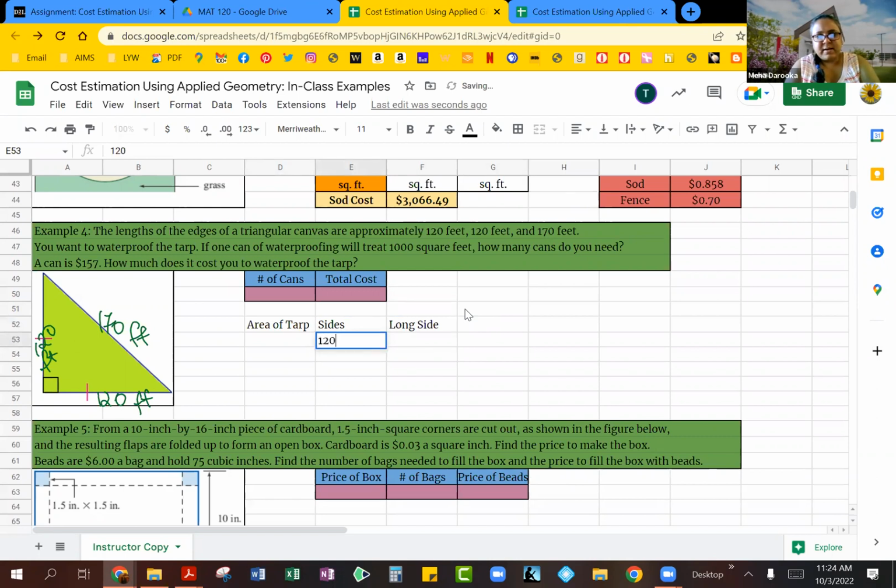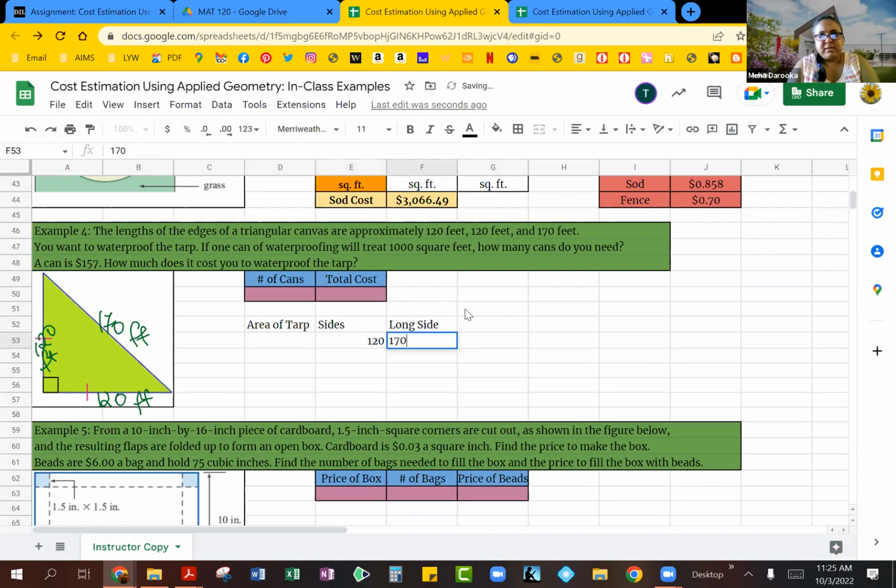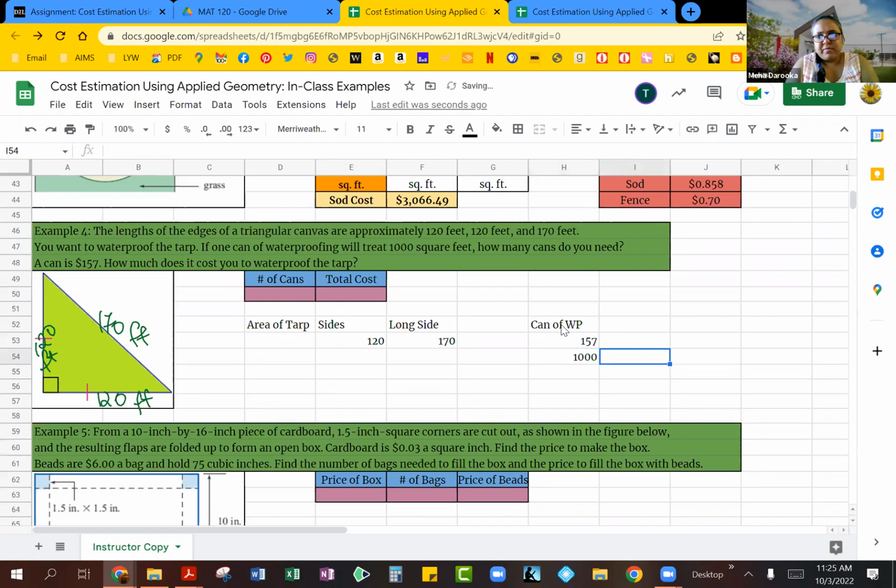So we know the sides are 120 feet. The longest side is 170 feet. For the waterproofing, they're telling us it will cost us $157, and it covers an area of 1,000 square feet.